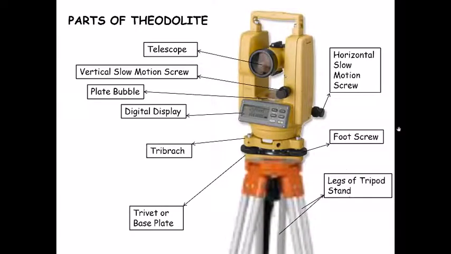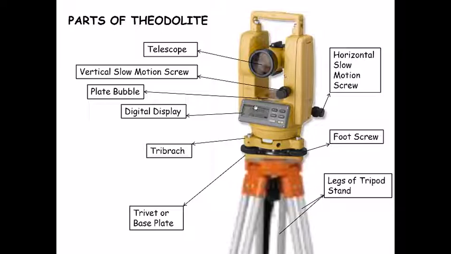Now again, some different parts that we studied before: horizontal slow motion, vertical slow motion, the telescope. Then we have the tripod at the bottom and the trivet or base plate. Above that, we have the foot screws. Then the digital display. On the display, you see some different buttons that have various functions. On the function side, you can set your function as face left or face right, set the angle to zero, hold the value of the angle, and some other functions.